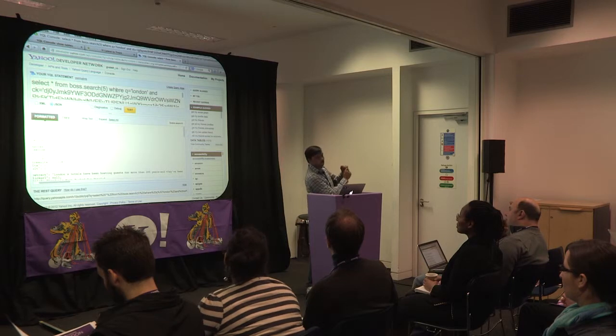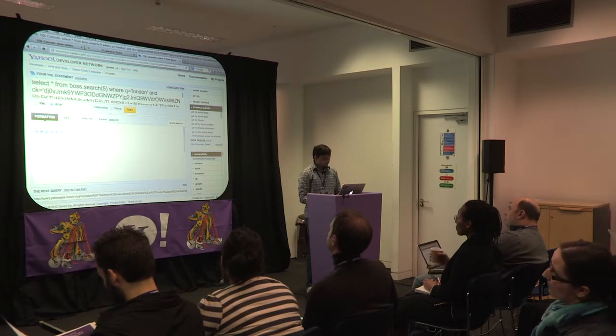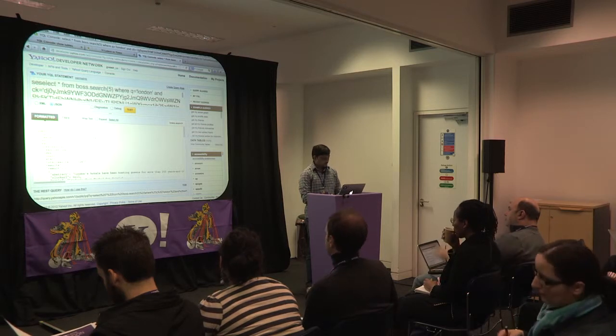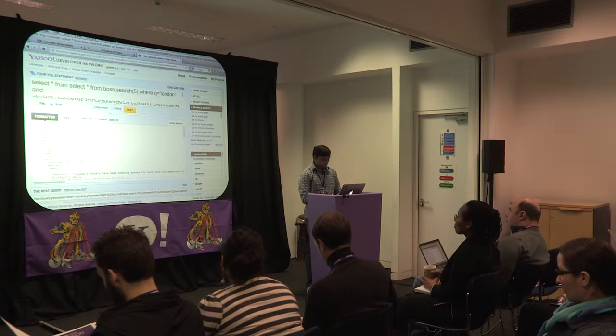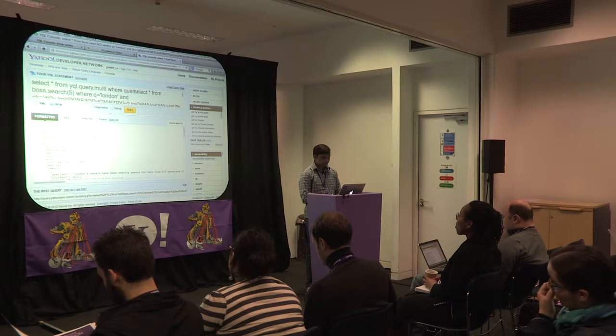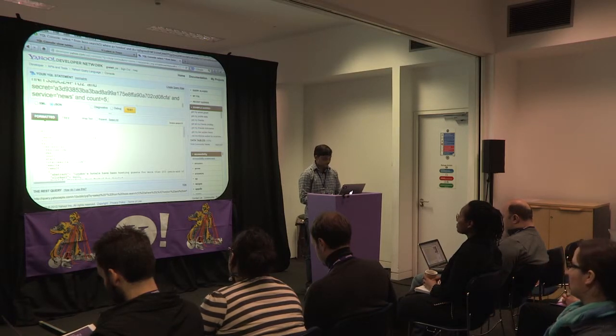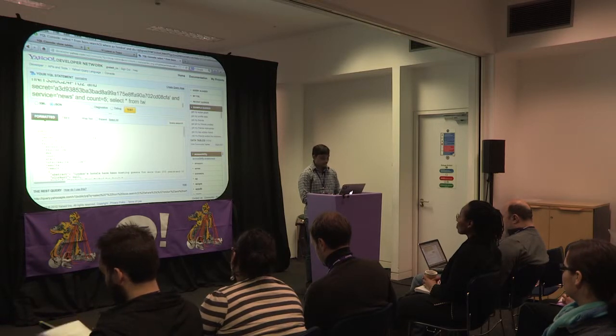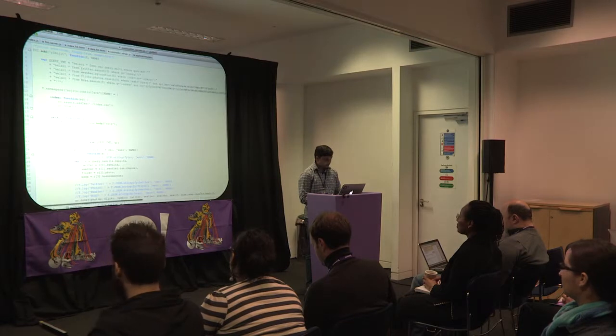Oh, this is an abstraction on top of Twitter, abstraction on top of Facebook or something. Select * from YQL.query.multi, okay, where queries equals, in this part, this is the first query. Second query is select * from, let me see, Twitter.search. Okay.